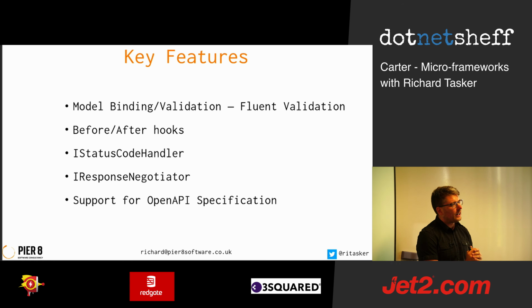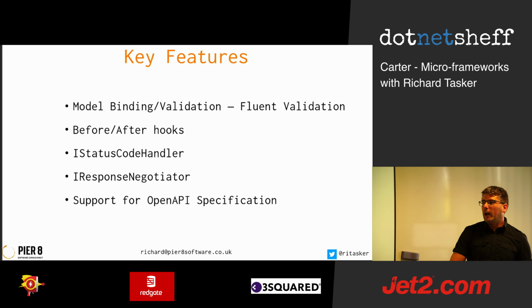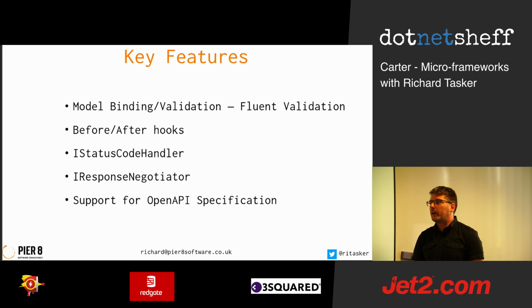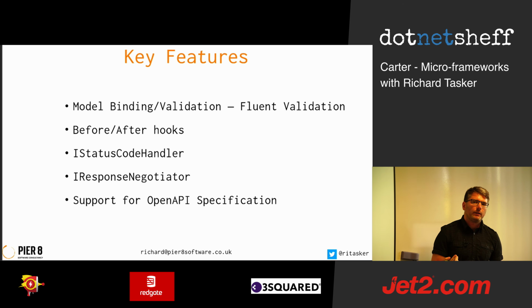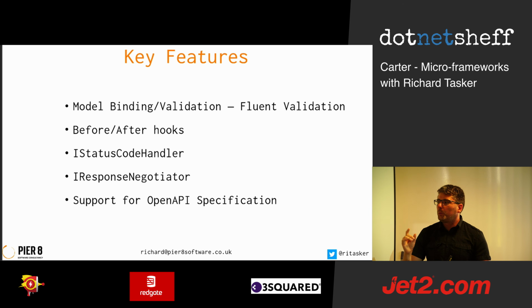Another feature that Carter provides is the ability to handle the different status codes returned by your modules. So if you get a 404, you can do something specific, or log an error. Out of the box, Carter only returns application/json, so there is an interface that you can implement to extend that.